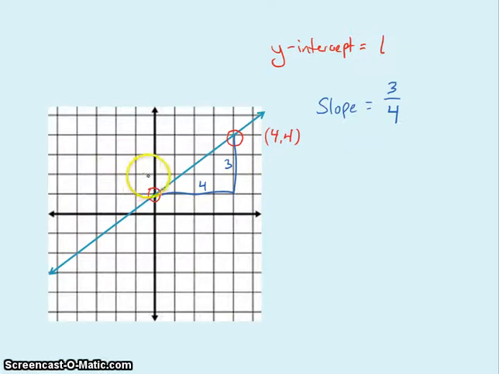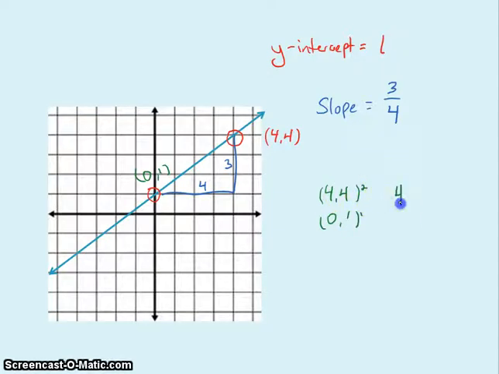Now to show what that would look like calculating it, my 2 points I have are 4, 4 and 0, 1. So if I were to do the rise over run as the y2 minus y1, I would take these two ordered pairs. I'm going to call this one the second one and this one the first one.